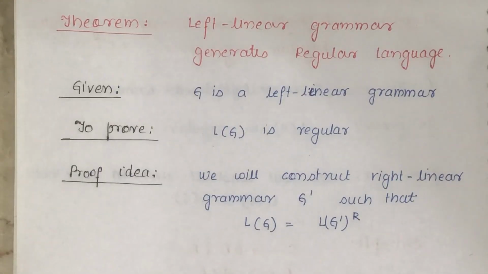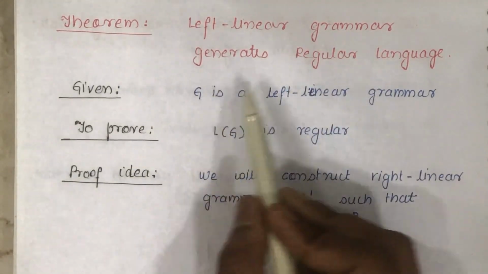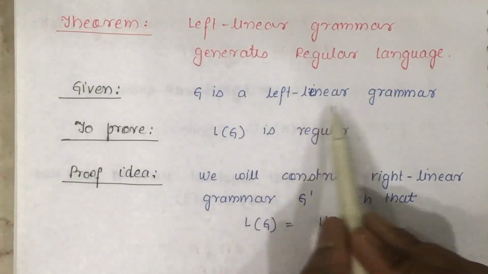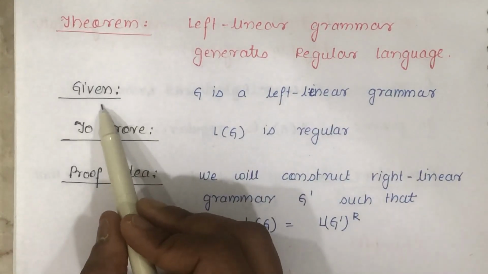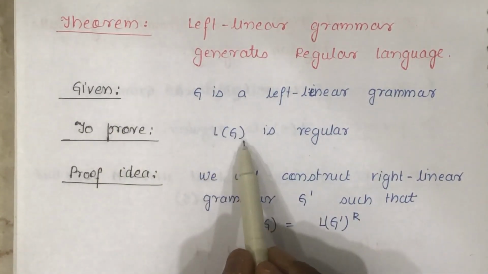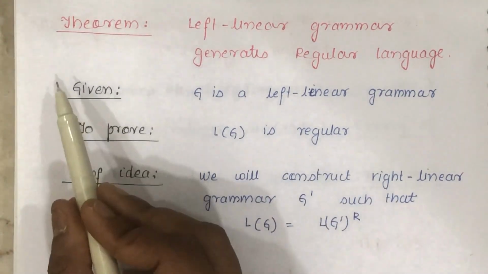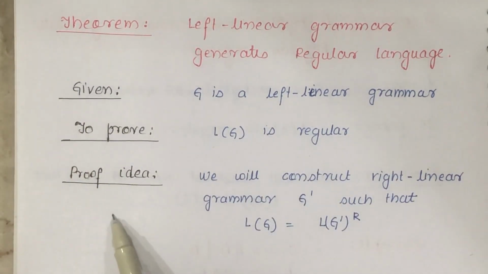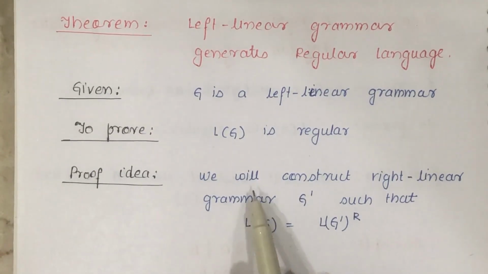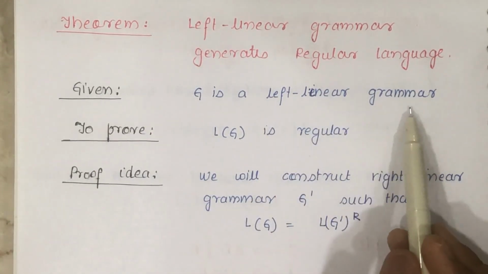Now the second theorem is that left linear grammar generates regular language. So here G is a left linear grammar. It is given to us. We need to prove that the language produced by this grammar is regular. For proving this theorem, the proof idea is we will construct a right linear grammar for the given left linear grammar.